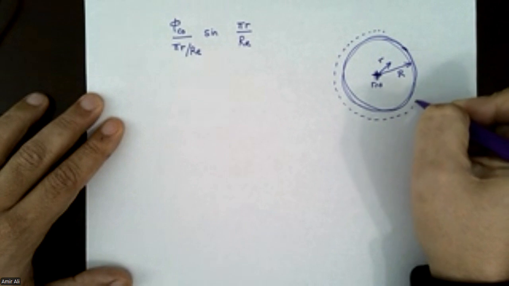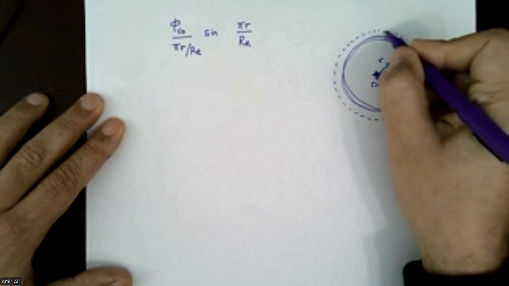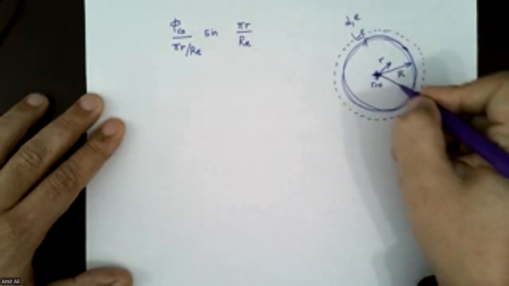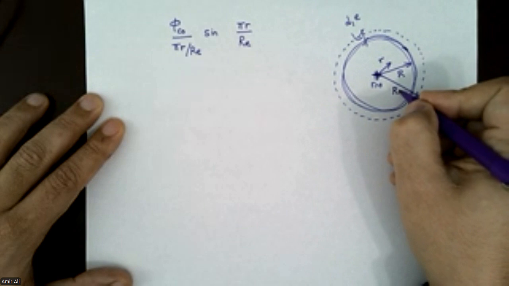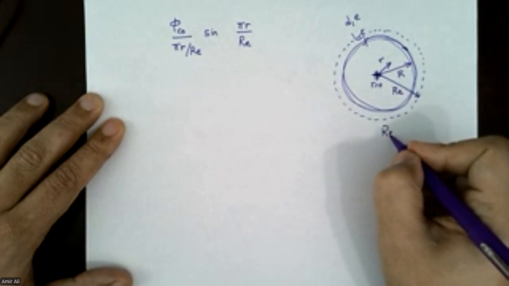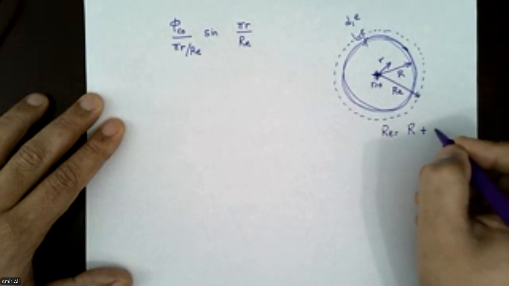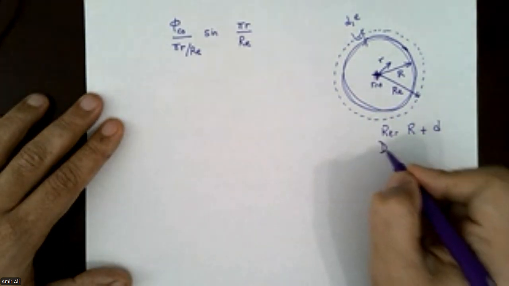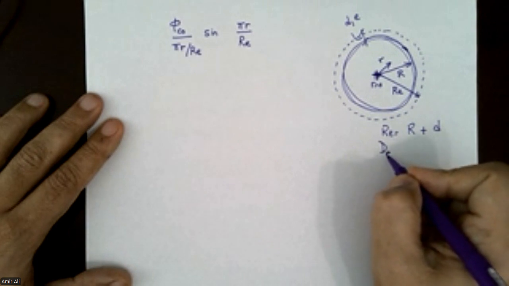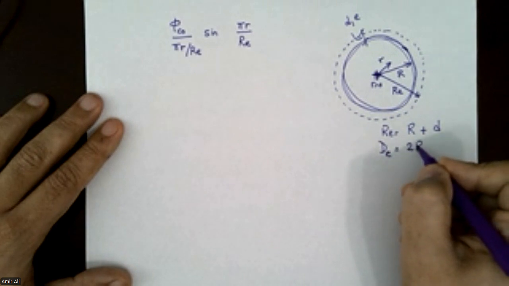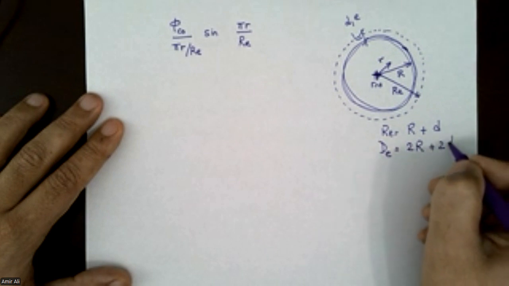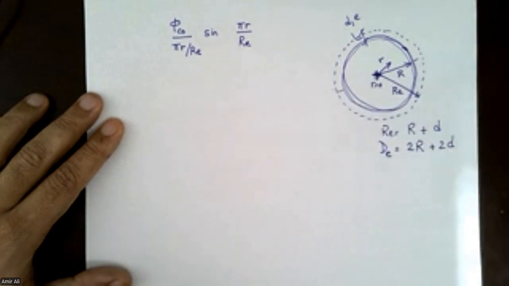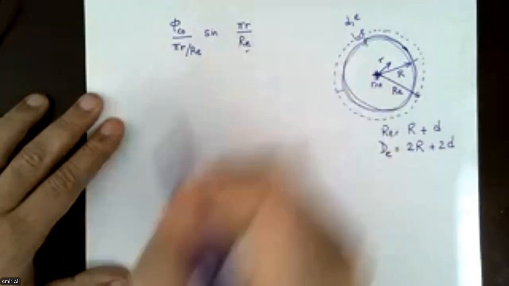So I'm going to add an extrapolation length, that distance here, you call it D, you call it E, which means that this will be the RE, and RE should equal the physical radius plus the extrapolation distance. If you want to calculate the extrapolated diameter, this will be double the radius plus double the extrapolation distance, because if you talk about diameter, you have to add that extrapolation length from one side here and one side here.